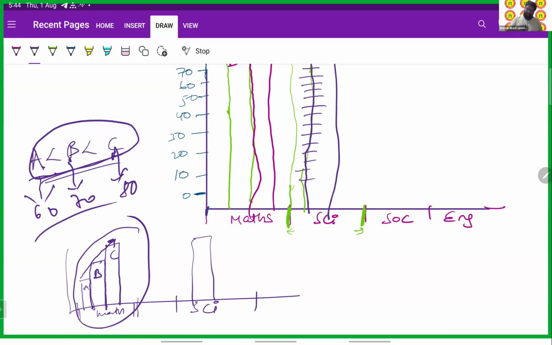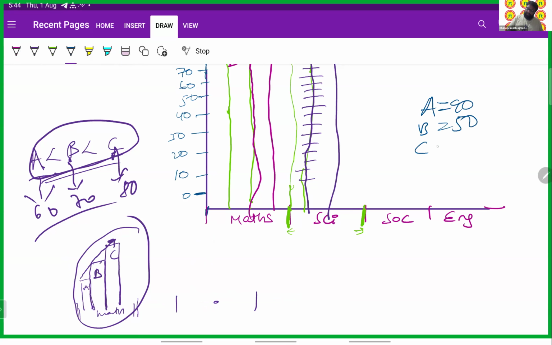Suppose now A got 90, B got 50, and C got 100. First A 90, next B, then C 100. See the graph now.